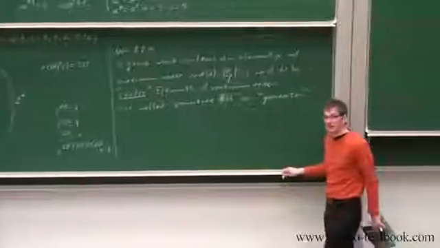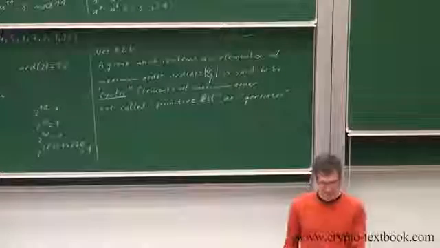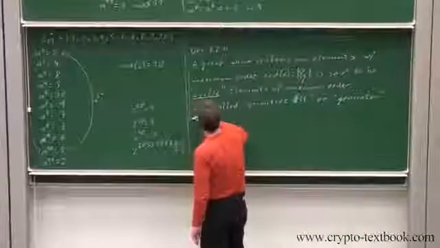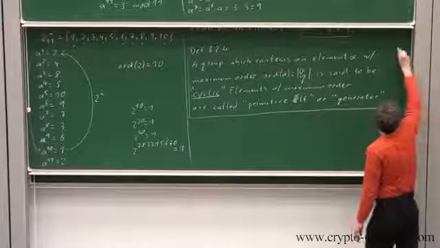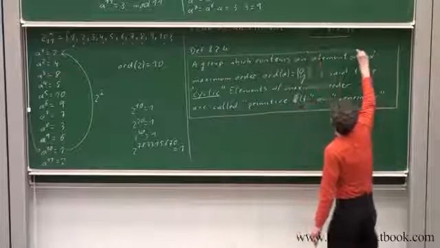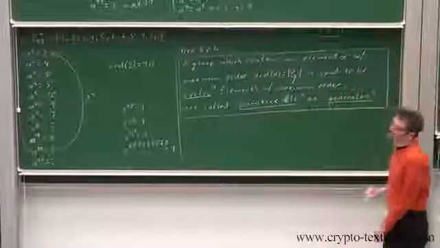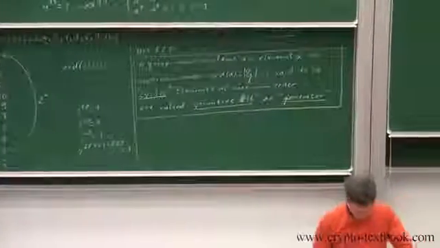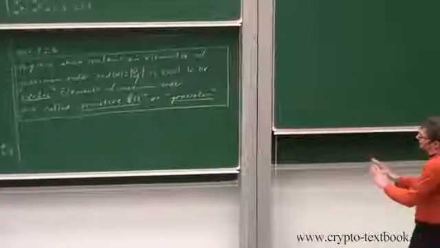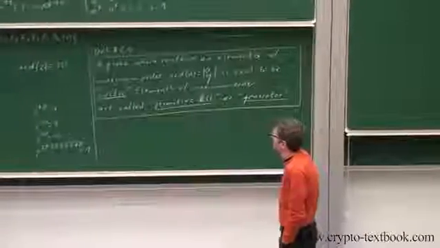In German, primitive Elemente oder Generatoren. So there are kind of two definitions in this. One definition, really the definition of a cyclic group, and then also more like a naming terminology of specific elements.